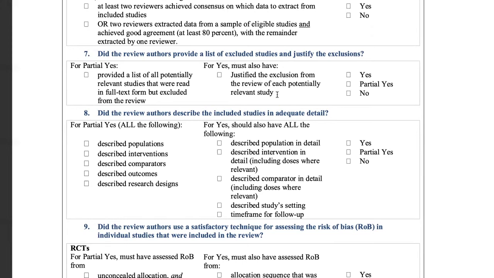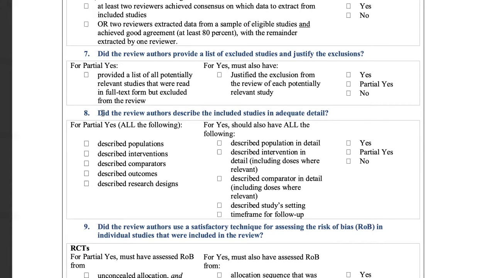Like, we actually read the full text of this paper, but it was not included because of the population. So the reason should be there. And for yes, the list and the justification of the exclusion should be there.